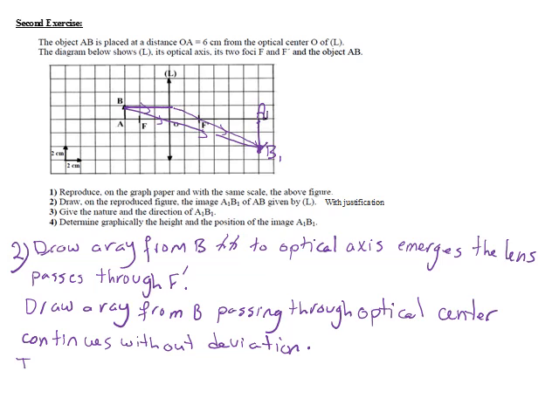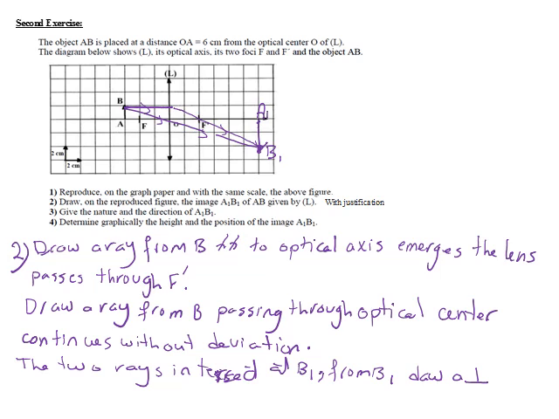The two rays intersect at B1. From B1, draw a perpendicular to the optical axis and intersect it at A1. So A1B1 is the image of AB.